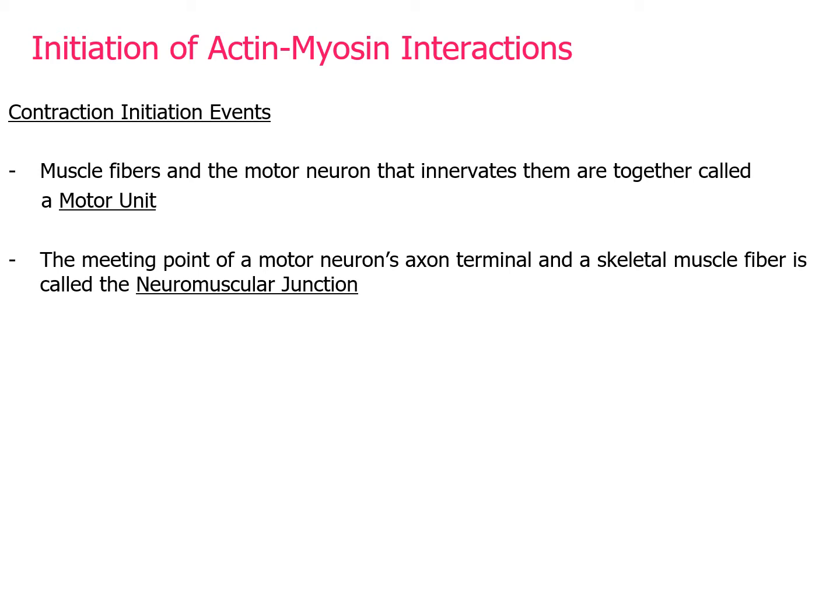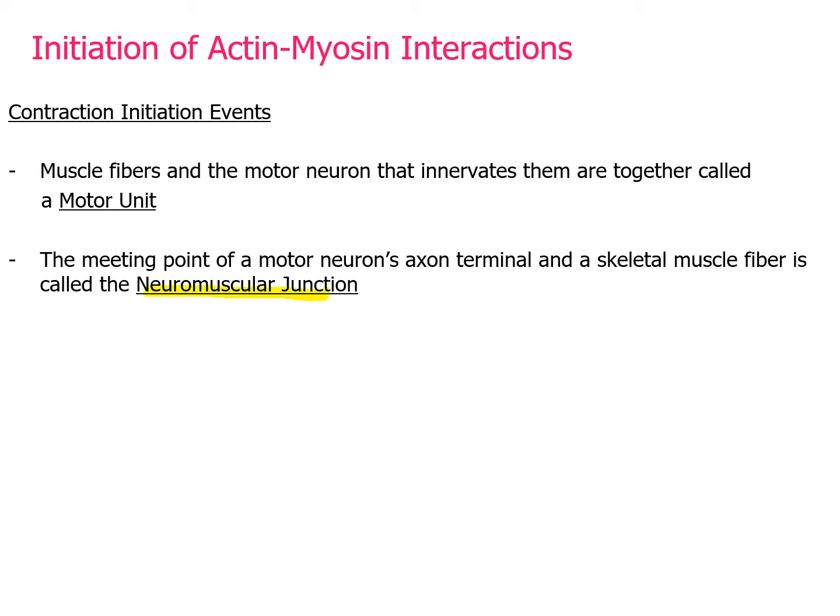So these efferent signals are sent out by motor neurons down the axon, and at the end of the axon you get splitting of the terminal into multiple different terminals that innervate, join to, in other words, multiple muscle fibers. The meeting point where the actual motor neuron terminal of the axon meets the skeletal muscle fiber is called the neuromuscular junction.